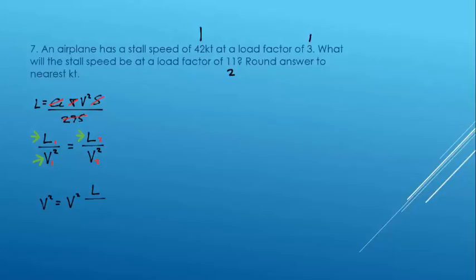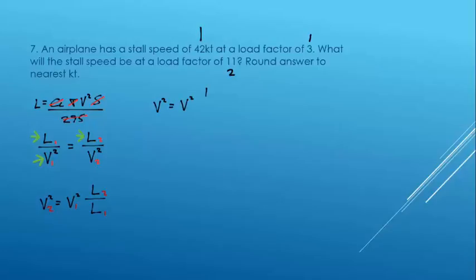So condition 1, load factor, or lift, divided by velocity squared of condition 1 has to equal the load of condition 2 divided by the velocity squared of condition 2. Solve for the velocity of condition 2. That algebraic manipulation isolates velocity squared of condition 2.